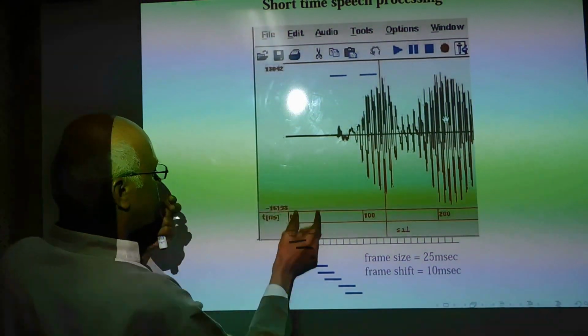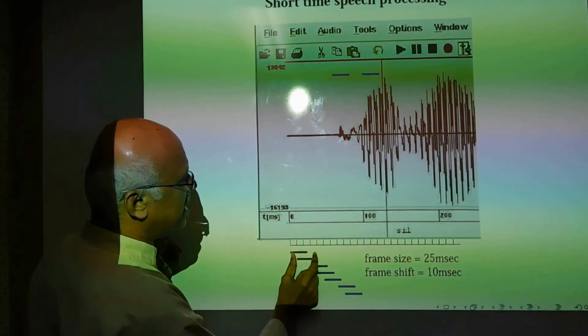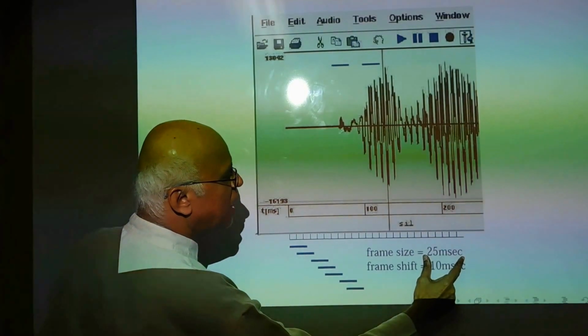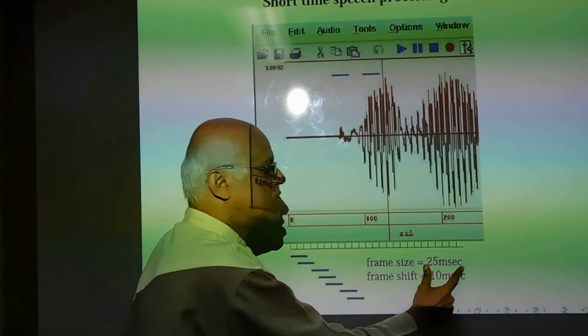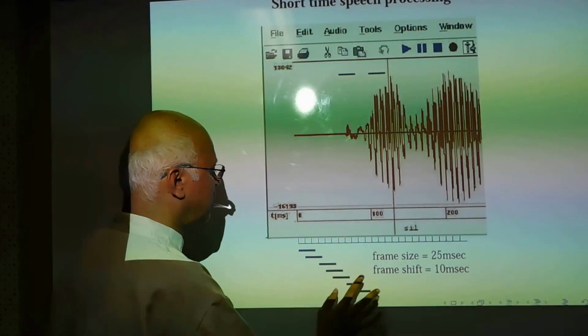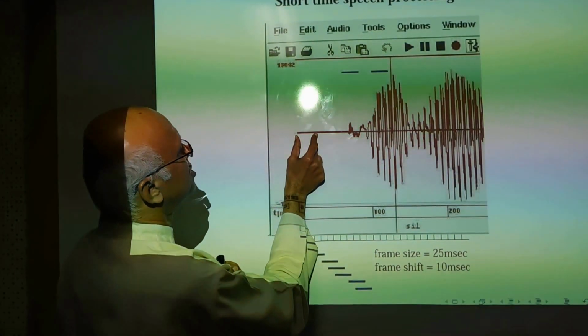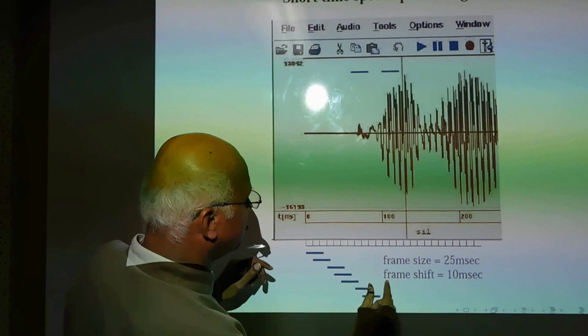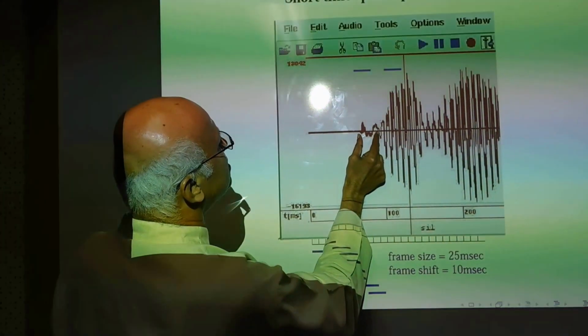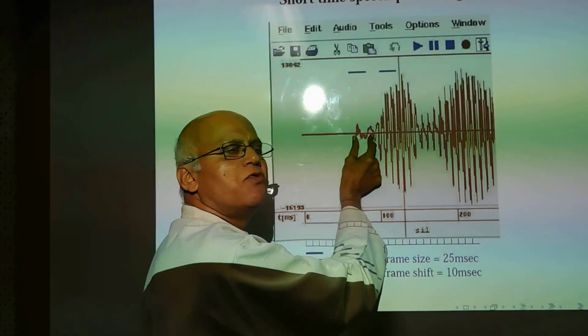Typically, we take segments whose size is 25 milliseconds, 25 by 1000 seconds. Suppose this particular frame is a 25 millisecond duration waveform.